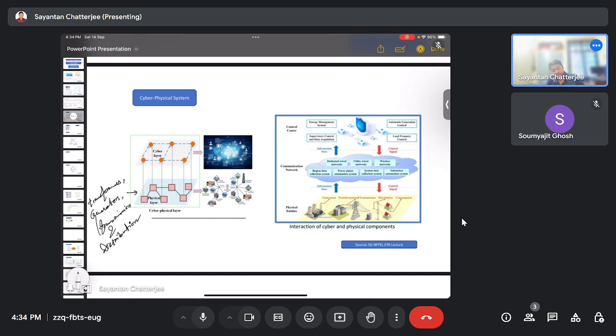So the smart grid that we discuss is a smart grid with physical layer plus information layer.